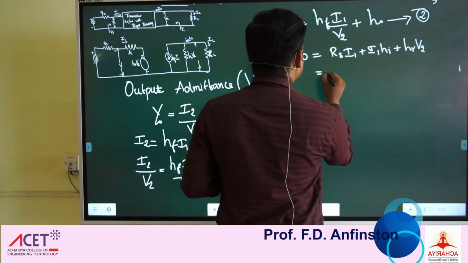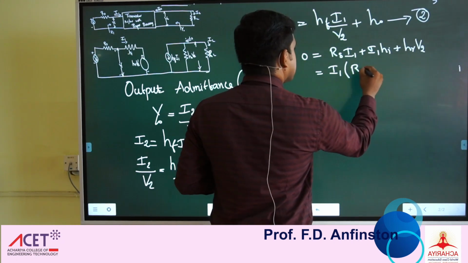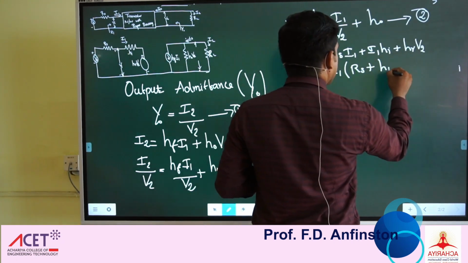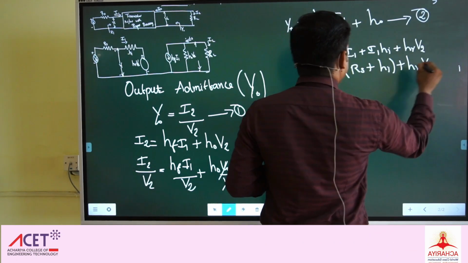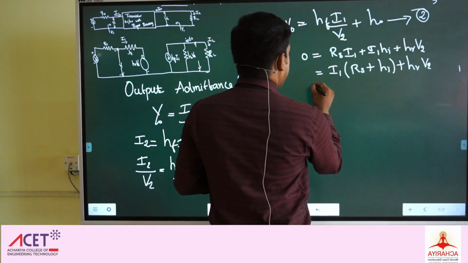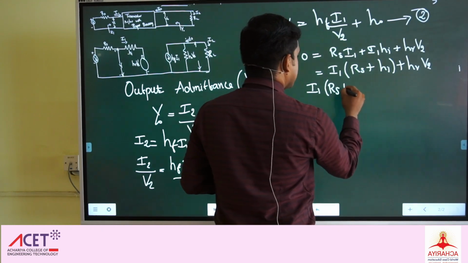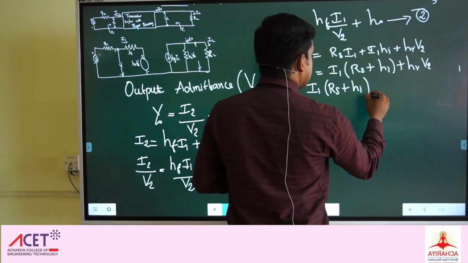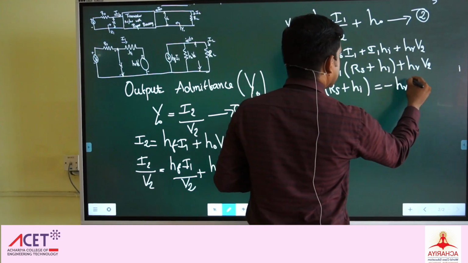Now we can take I1 as common outside, Rs plus Hi, plus HR into V2. From this equation we can find I1 divided by V2. For that, I1 into Rs plus Hi equal to minus HR into V2.